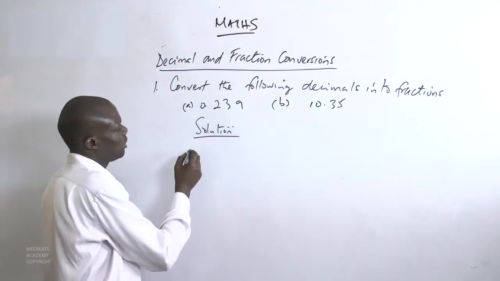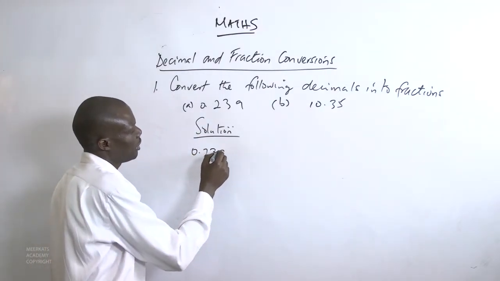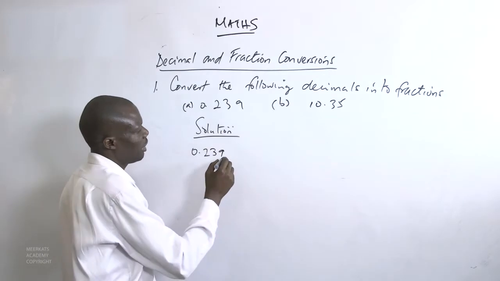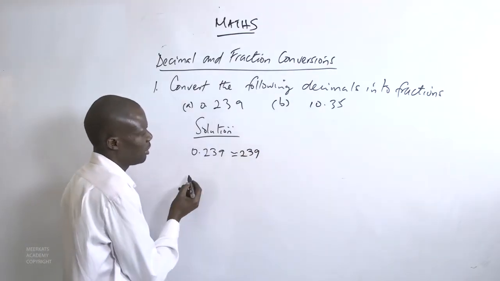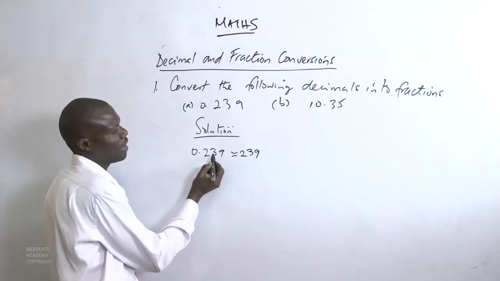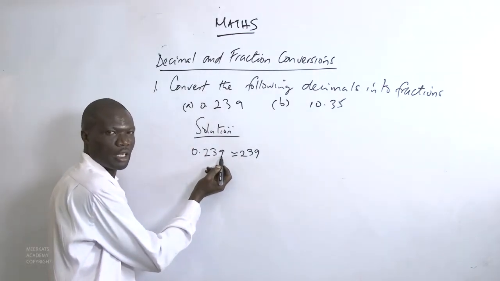Now, this 0.239 is equivalent to 239 what? This is tenths, this is hundredths, this is thousandths.